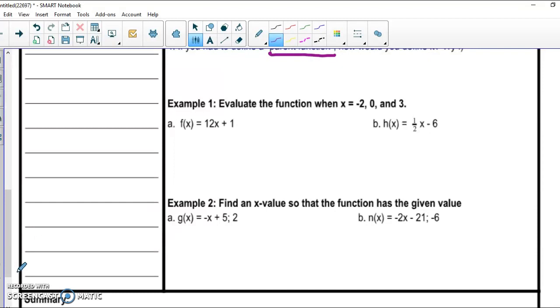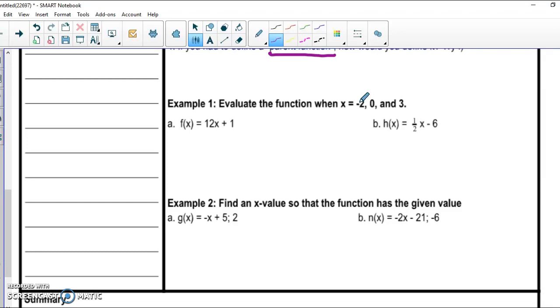For example 1, we're going to evaluate the function when x equals negative 2, 0, and 3. So that means one at a time I'm going to substitute these values of x into my function. And each time I'm going to solve once I've substituted in. So here's something to know about functions.